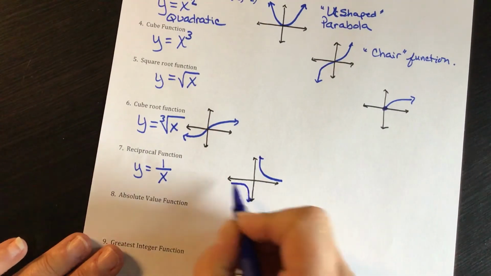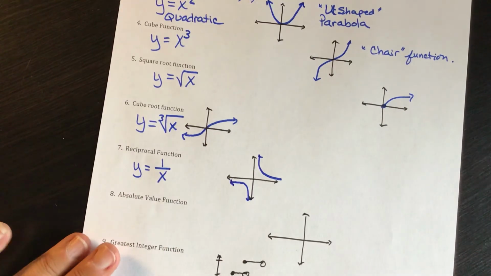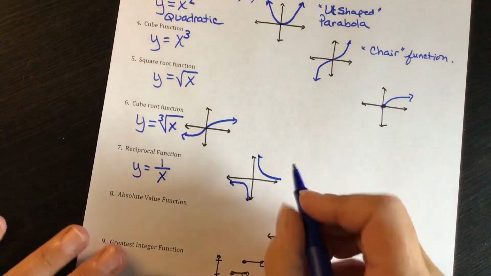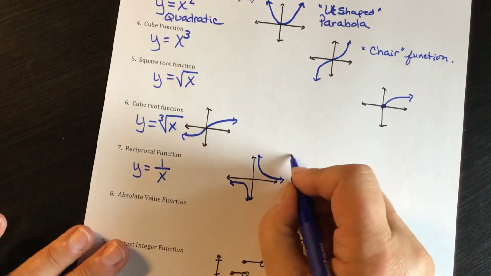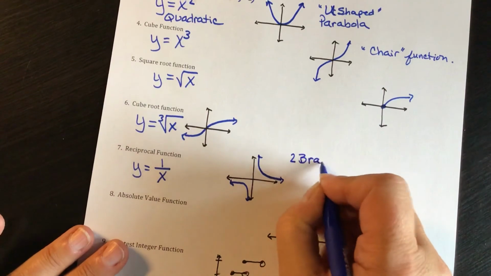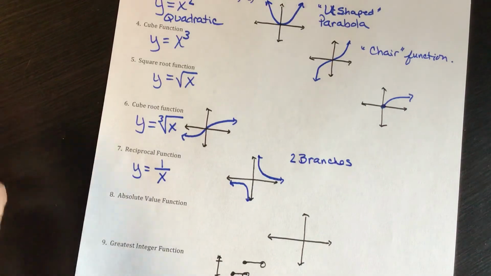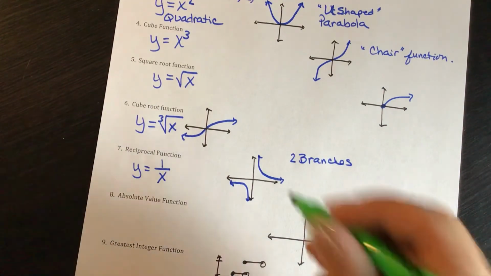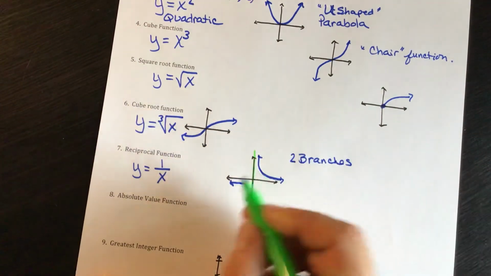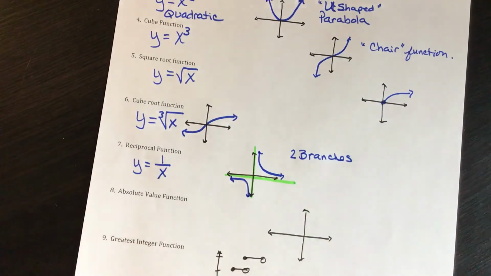We're actually going to have 2 parts. So we call these parts branches. And there's an imaginary line that separates those branches, and these are called asymptotes.